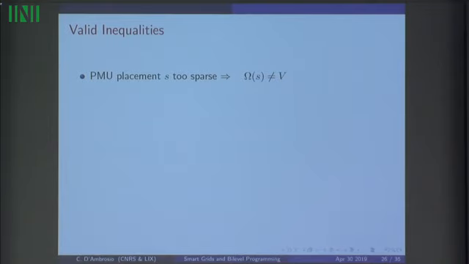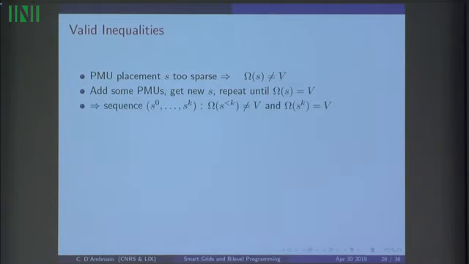So it's a straightforward thing. The idea is to add some PMUs, and of course the only places where we can add them are the edges where there is not already a PMU.